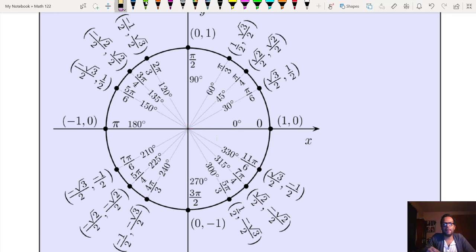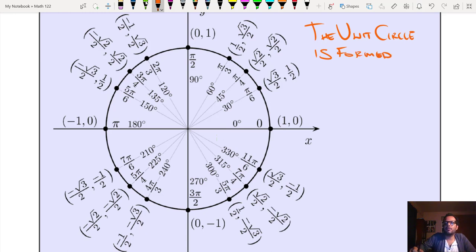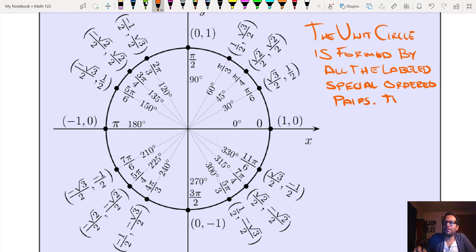Okay, so in this case, all these points, okay, the unit circle is formed by all the labeled special ordered pairs. And they have the following form.